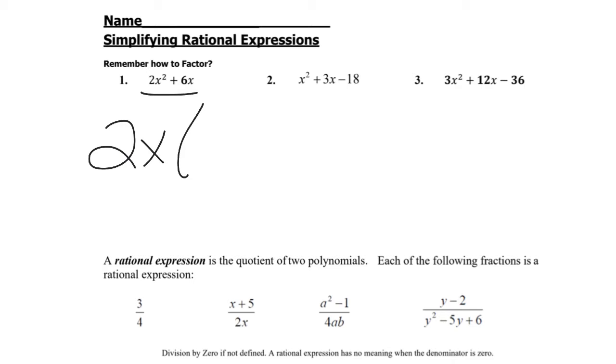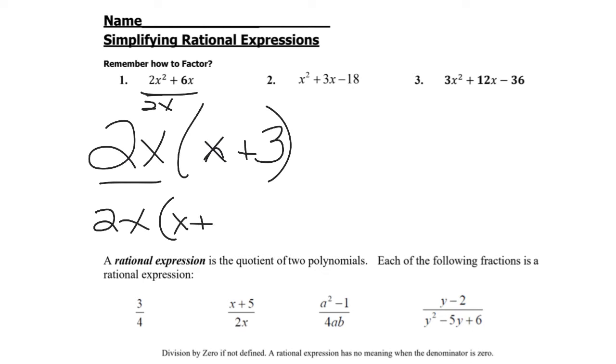When we go back, 2x squared divided by 2x leaves us with just an x, and 6x divided by 2x leaves us with just 3. So when we factor this, we factor it to 2x times (x plus 3).